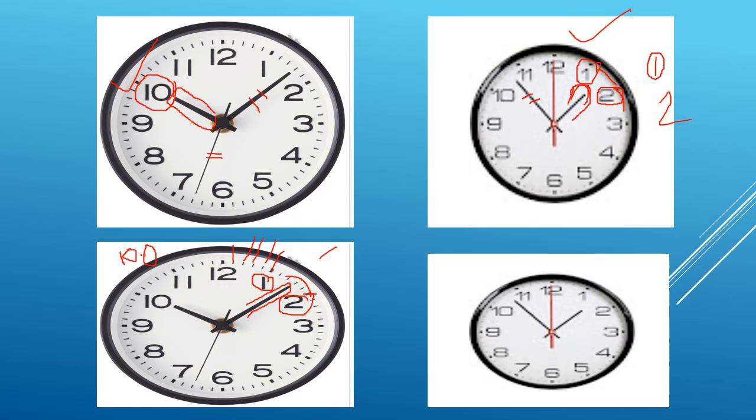And when we'll consider the minute hands, we have to count 5 for each digit. As this minute hand is here, so it means 1 for 5, and it has crossed 3, it means 8. So the time now is 10:08.